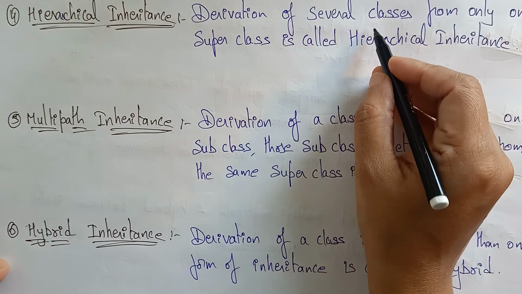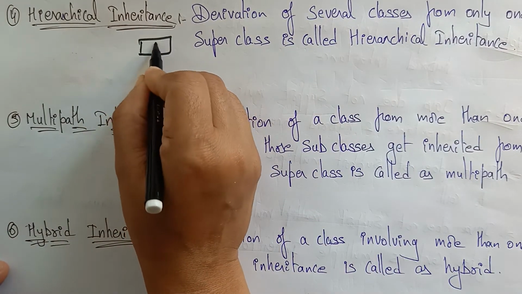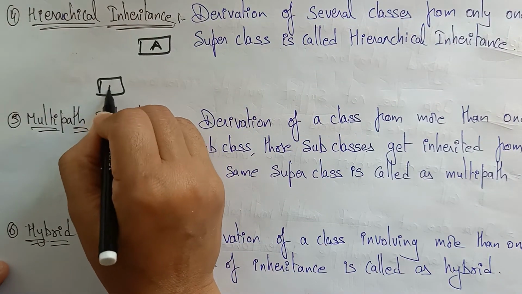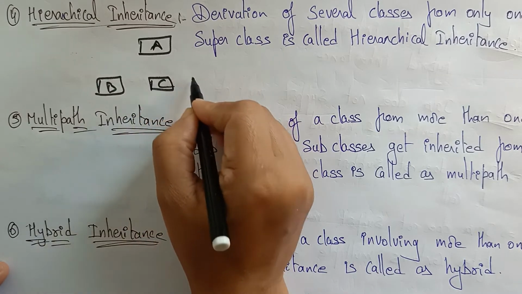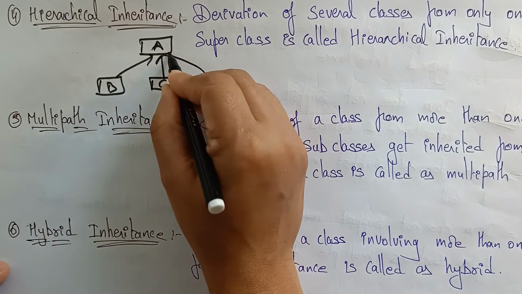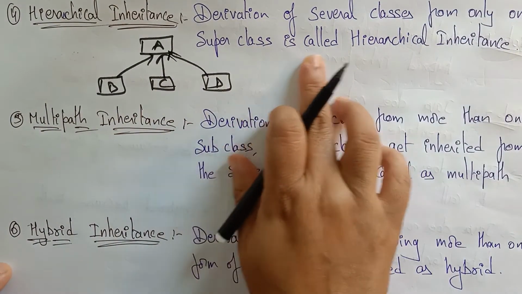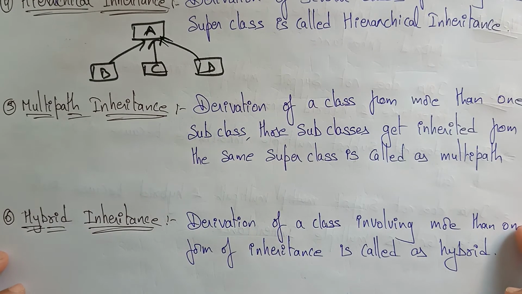Derivation of several classes from only one superclass. Only one superclass is there, but more than one subclass are there. This is called hierarchical inheritance.